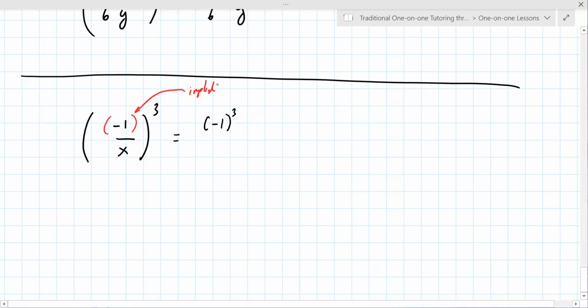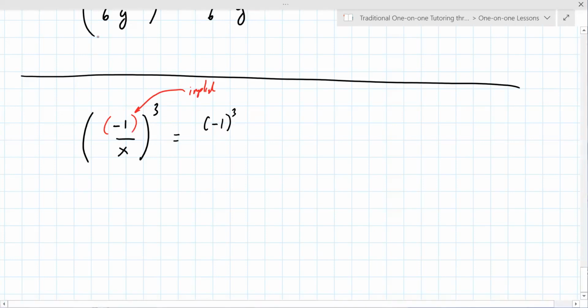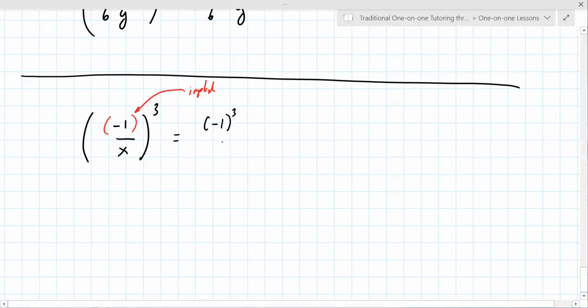And when I say implied, I mean you're supposed to know that they're there, even though they're not written. So you can make the argument, why aren't they written? Well, it's for compactness. But as a student, you have to say, oh yeah, this is what is really meant by that.